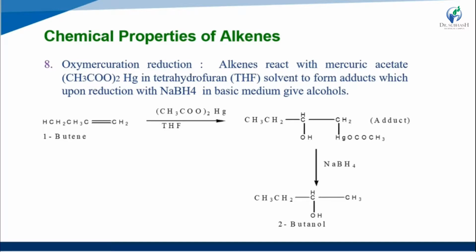So first we take 1-butene in the presence of mercuric acetate and THF, making the intermediate, that is the adduct, and further reaction with sodium borohydride makes the alcohol, that is butanol.